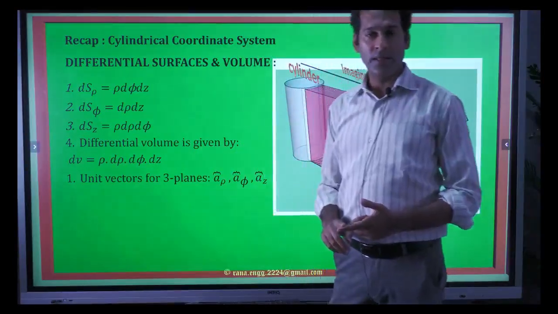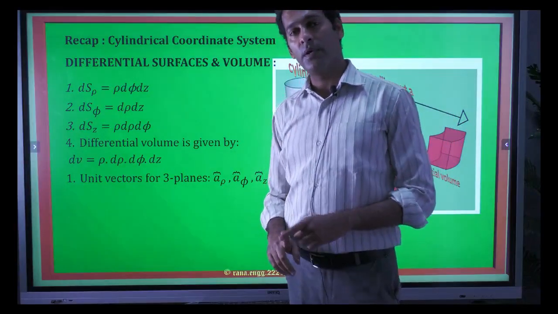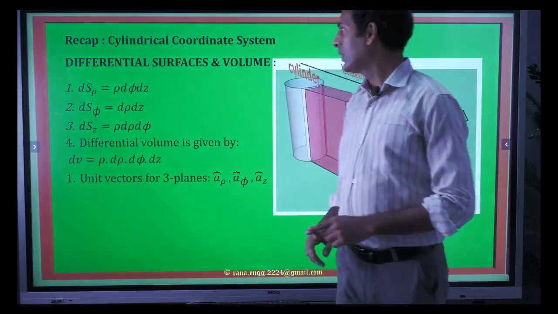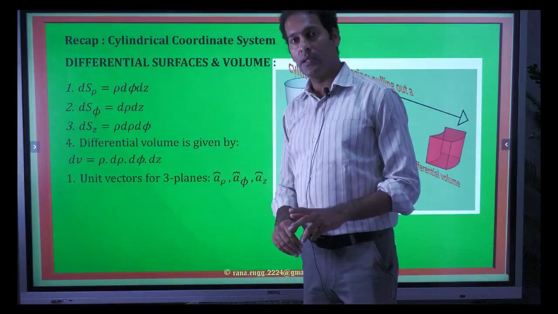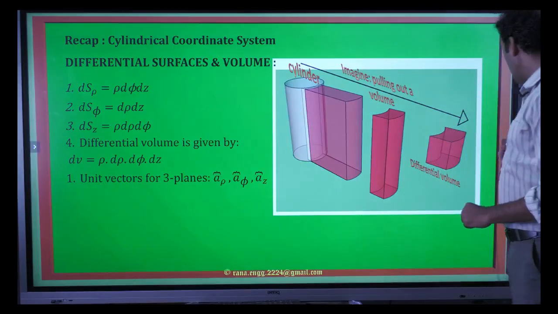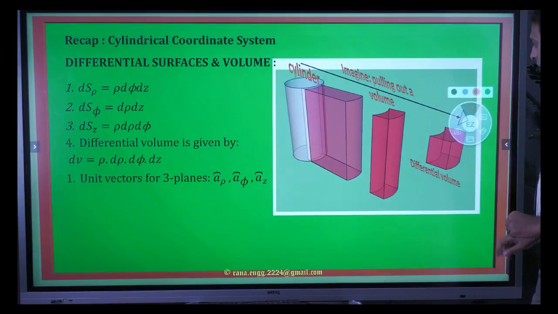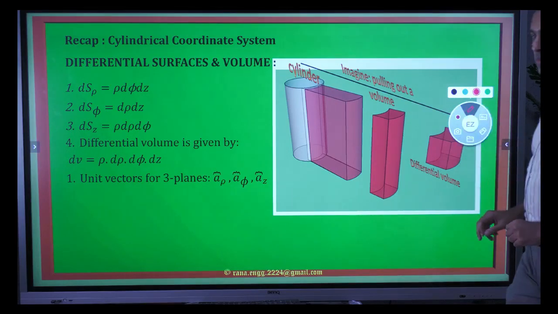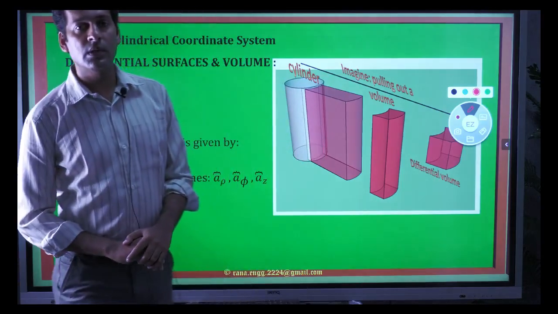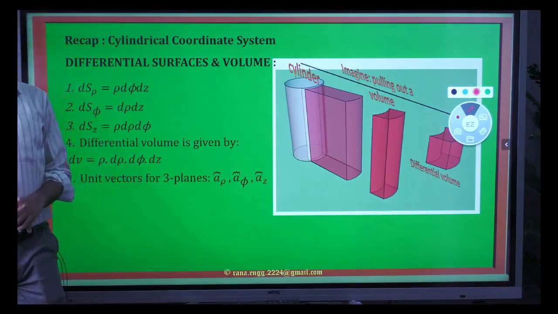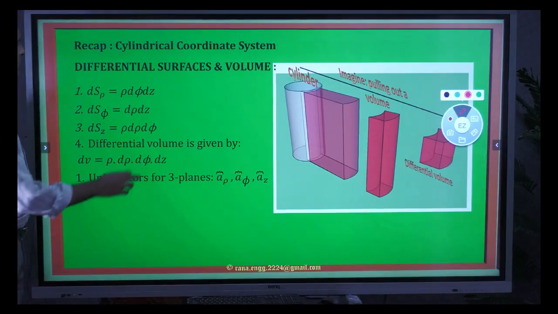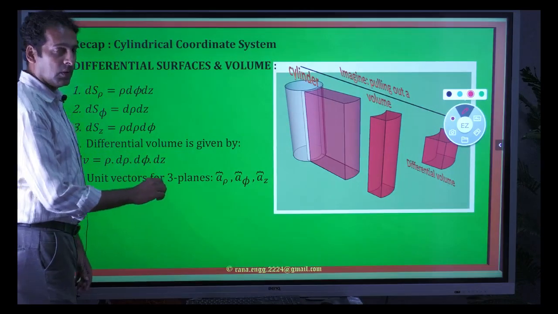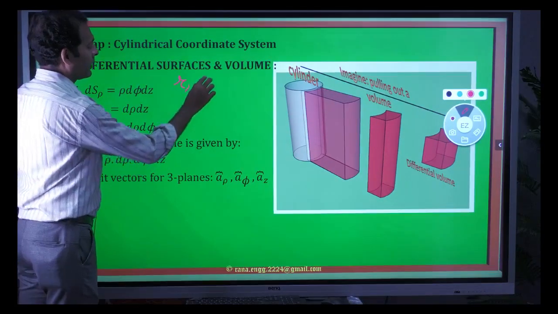So there are three components in the cylindrical coordinate system, which we will compare with the spherical one. The three components are r, phi and z. That is very important. If we remember the three differential elements, it becomes very easy to remember the further equations of differential surfaces as well as the del operator, which we will discuss in some later session. So we have three differential elements for three components.